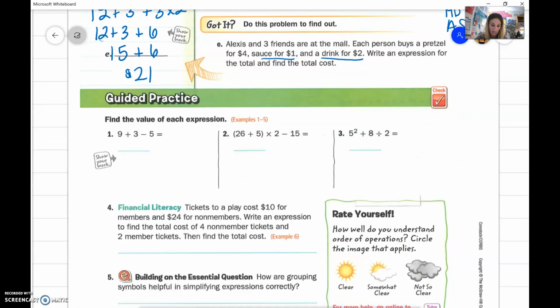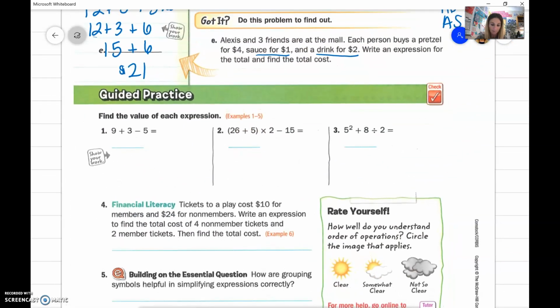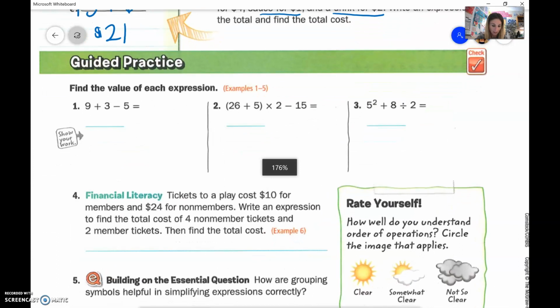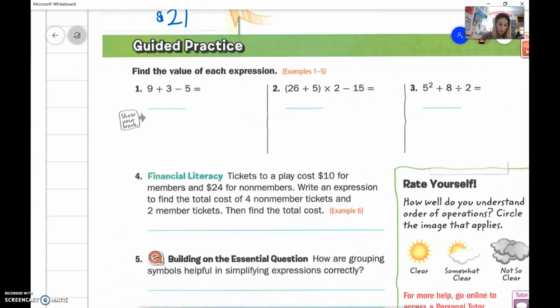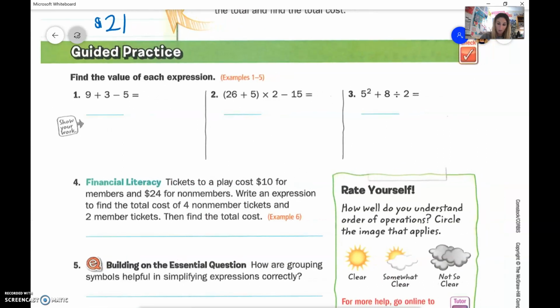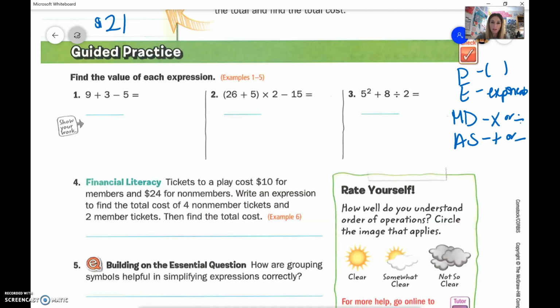All right, let's take a look at these example problems right here, and then that is it. Again, please excuse my dear Aunt Sally: parentheses, exponents, multiply or divide left to right, and then add or subtract left to right.